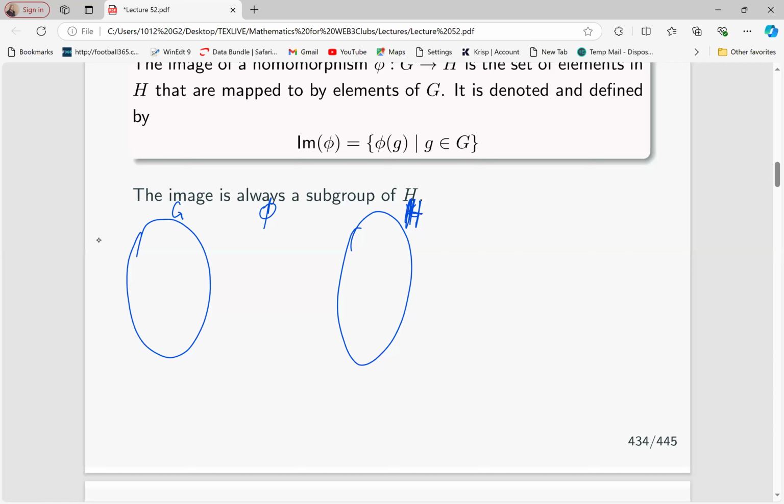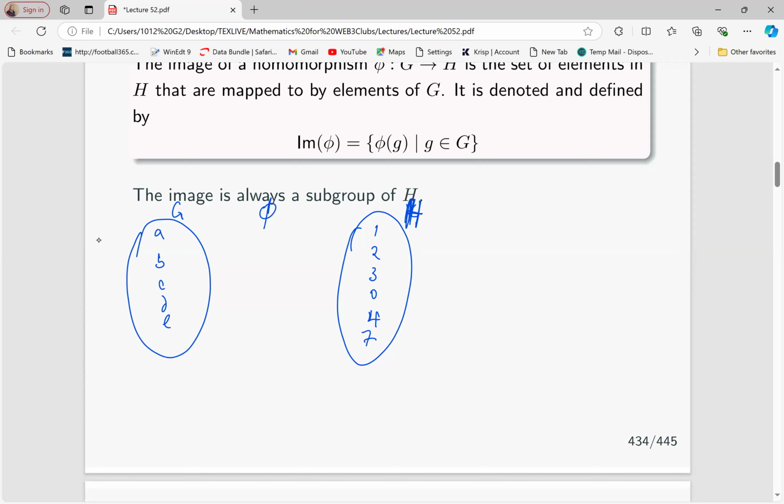Let me suppose that G has elements A, B, C, D, E. And let me also suppose that H has elements 1, 2, 3, 0, 4, 7. Just some elements of the group.